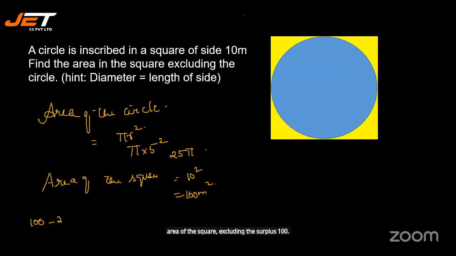minus 25 pi, right? So we can just multiply pi as 22 divided by 7, which is 3.14, into 25 will give 78. Okay. So we will get 21.43 meter square.